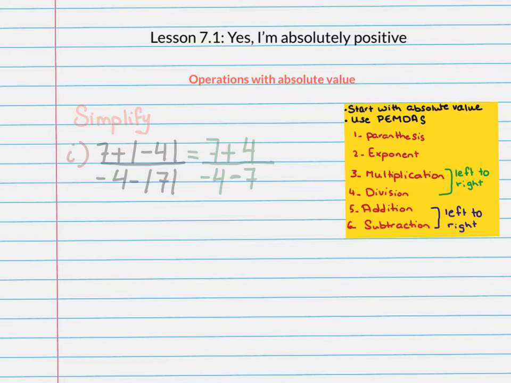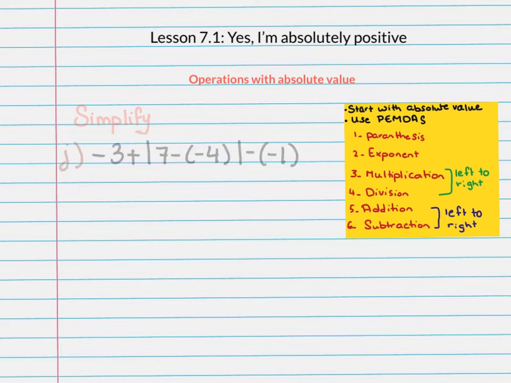Now 7 plus 4, in the numerator we have to finish the addition, which is 11, and then divided by -4 minus 7 is -11. 11 divided by -11 is equal to -1. So the final answer is -1. As you can see here, we finished the absolute value, then we finished the numerator alone, then the denominator alone, and finally we did the overall operation.